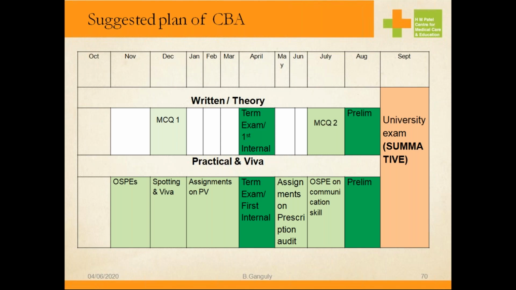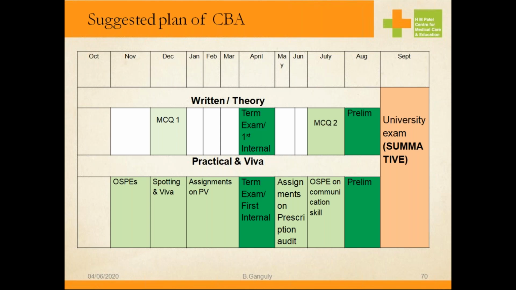Practical. If you see this slide, in November we have kept one OSPE. Why? Because if we start in October, by the end of November the students will have been taught clinical pharmacy, routes of drug administration, dosage forms, etc. We have 15 mannequins, so when we are demonstrating routes of administration, we show them how to give IV and IM through the mannequins.